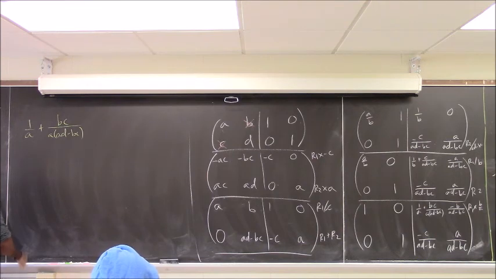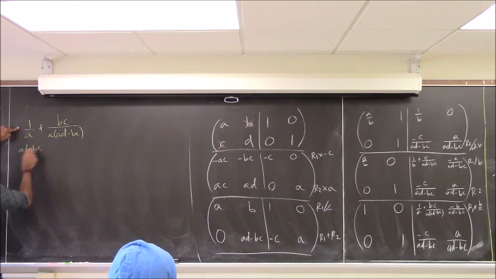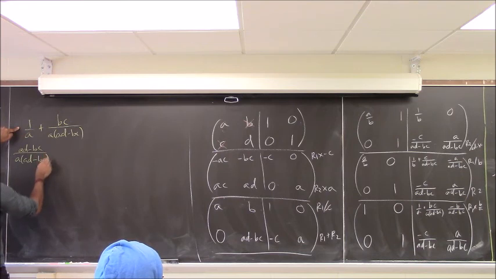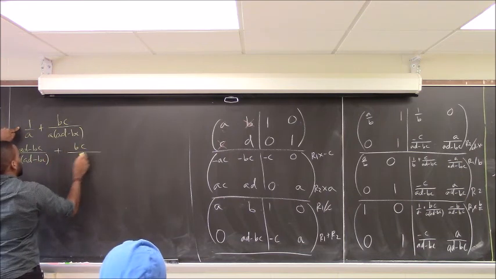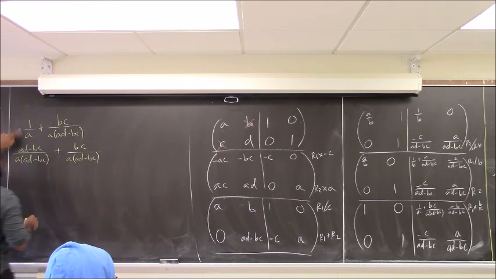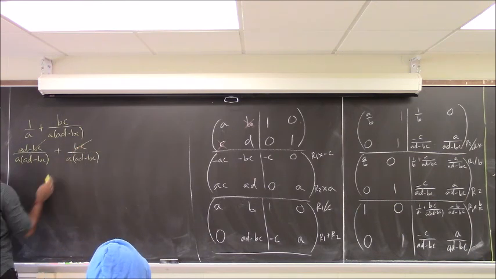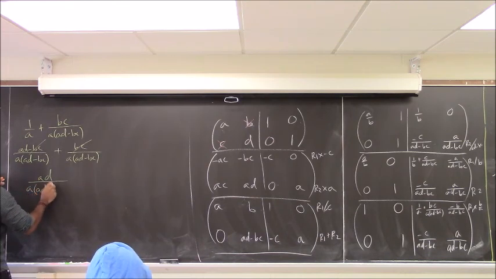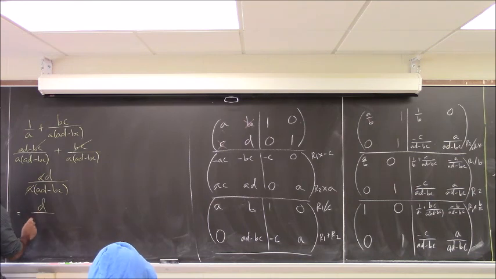So what I can do here is take a common denominator, multiplying this by ad minus bc. I would add the fractions now. These guys would cancel, and I'll just have ad over a times ad minus bc. The a's would cancel, so I'll get d over ad minus bc.